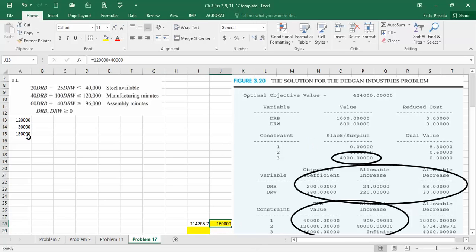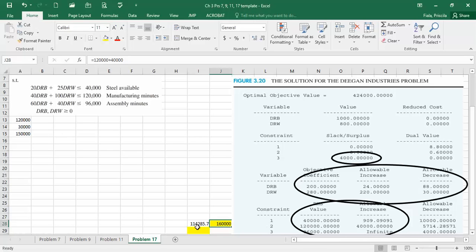If you add that, you're going to have 150,000 minutes, and the maximum could be 160,000. So the dual value is really not going to change because we're still within the range. So no change will happen here. Therefore, no change will happen on the value of the dual value.